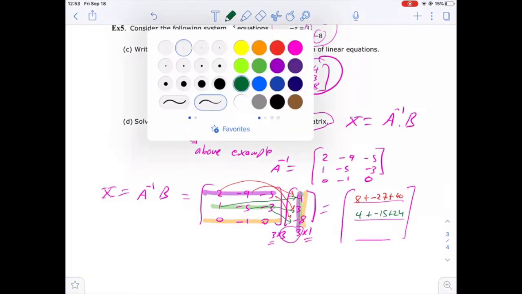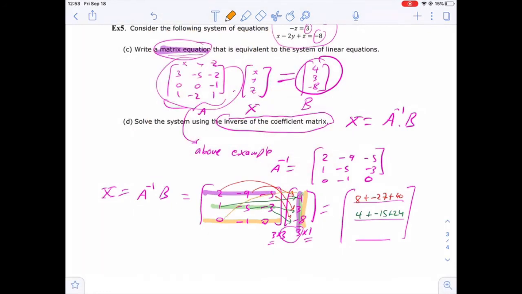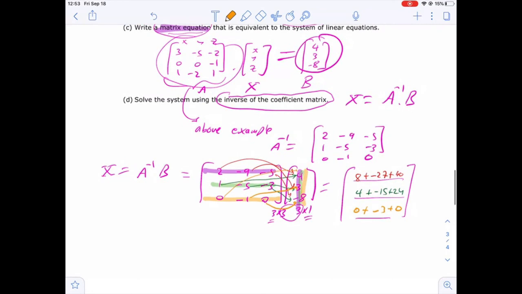So 0 times 4 is 0, plus negative 1 times 3 is negative 3, plus 0 times negative 8 is 0. Now we simplify. So this gives us 21. And the second entry, 4 minus 15 plus 24 is 13. And the last row is 0 plus negative 3 plus 0, which is negative 3.